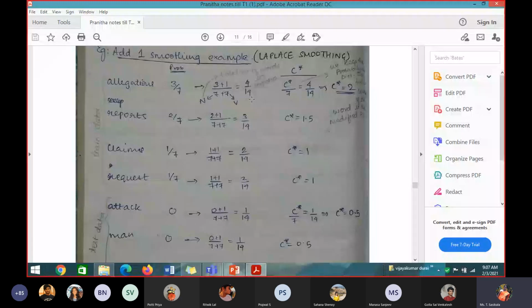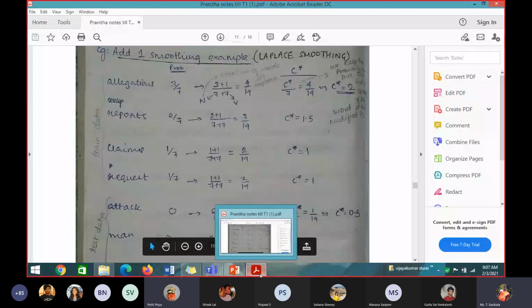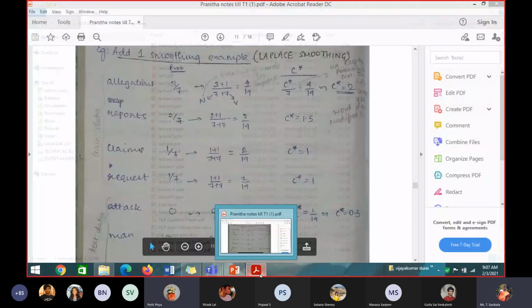So if I want the effective bigram count, C star, what do you have to do? I have shown the formula; wait, I will show it.